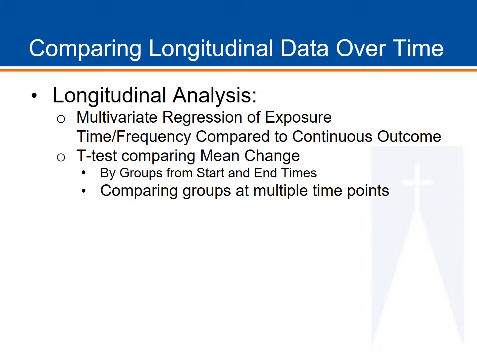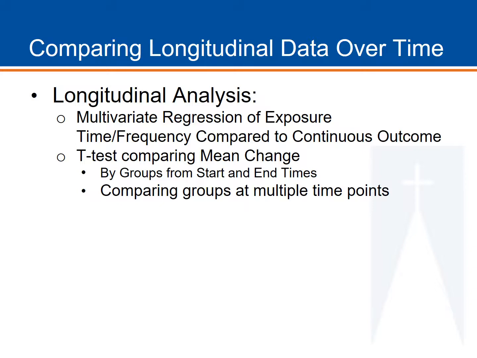So what should you do if you have a continuous variable? If you're looking at a continuous variable and you're comparing longitudinal data over time, there are a couple of options you can use. One is to simply use a linear regression type of approach. So you can put many variables, your main exposure along with confounding variables, into a multivariate linear regression of exposure time or frequencies compared to some continuous outcome.